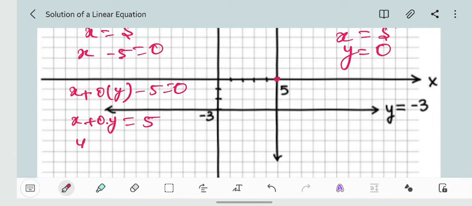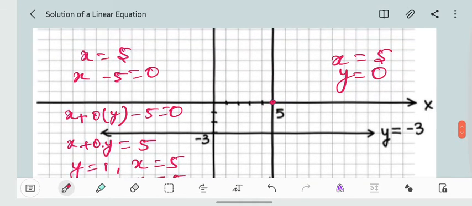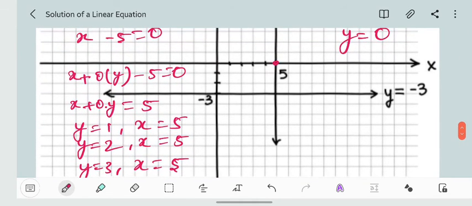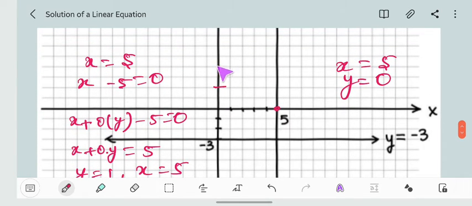If you put y equals 1, then x equals 5. If you put y equals 2, because 2 into 0 is 0 only, then in that case also x equals 5 only. If you put y equals 3, in that case also x equals 5 only. So in every case x equals 5 only. So it will be 1 here, 2 here, 3 here. So this point and this point. So it will be parallel to the y-axis.